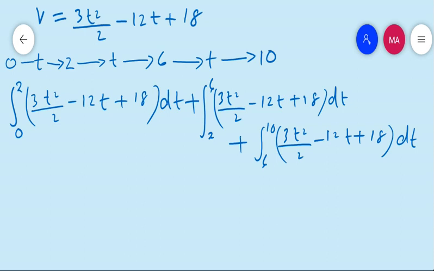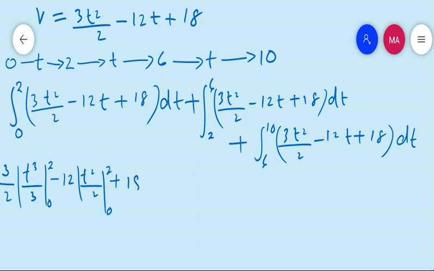So first integrate this 3 upon 2 t square. T square is t cube upon 3. Integrate 0 to 2 minus 12 t, integration is t square upon 2 from 0 to 2.